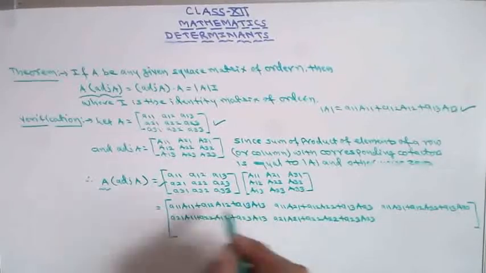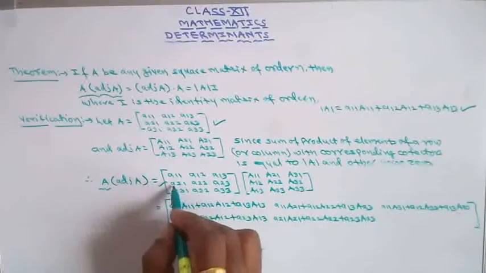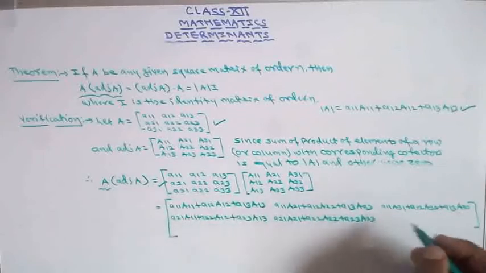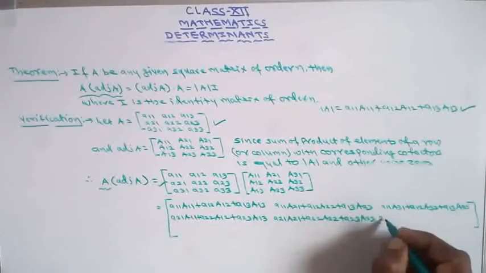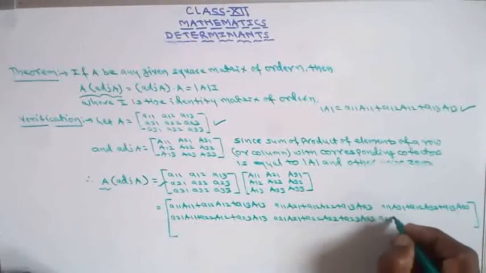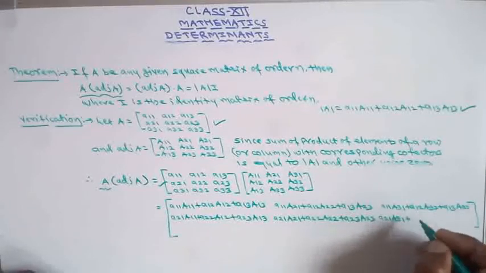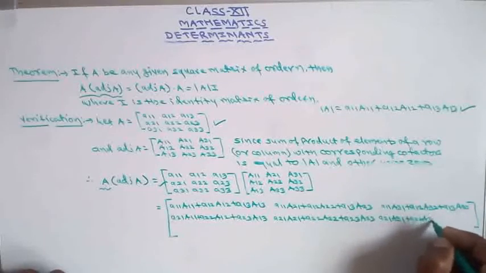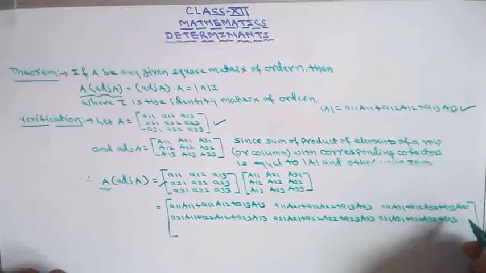Okay, now second row, third column: a21 capital A31 plus a22 capital A32 plus a23 capital A33.